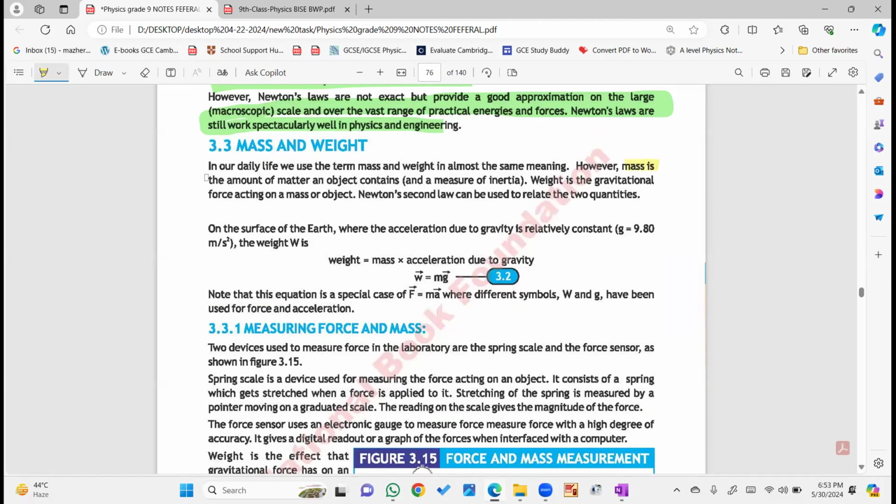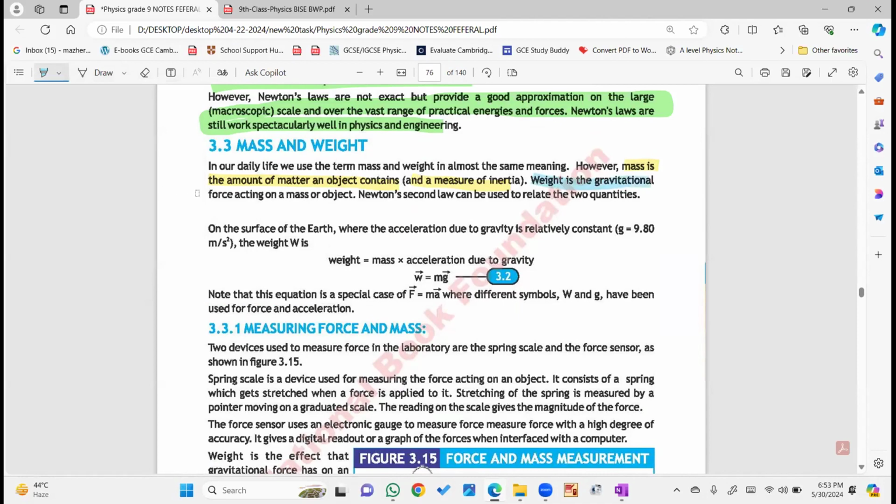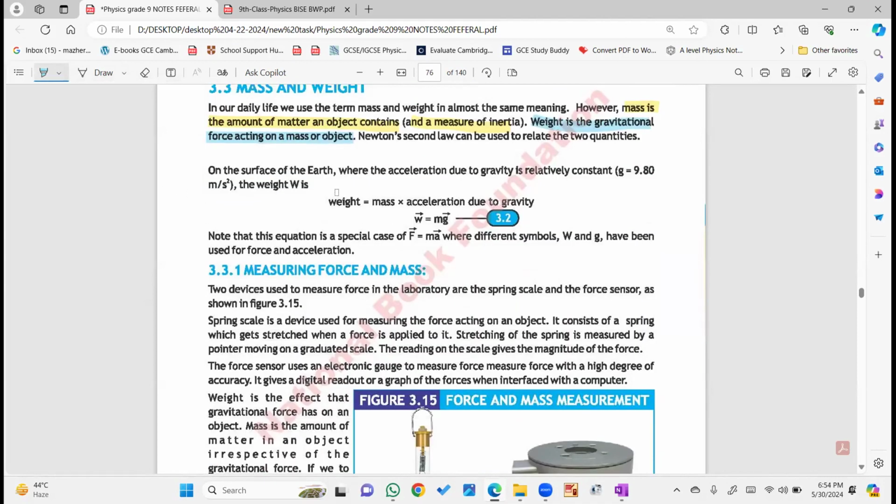Again, the definition. Mass is the amount of matter an object contains, and it is a measure of its inertia. Whereas weight is defined as the gravitational force acting on an object. And weight is given as mass times acceleration due to gravity, which equals mg. Weight is a vector quantity and g is also a vector quantity.